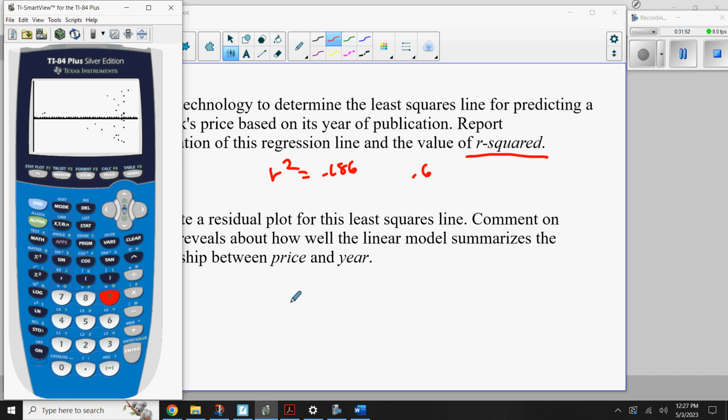But I've got to say, this is quite disturbing to me a little bit, because this looks to me like a very random residual plot, which is telling me that that relation is linear. So I guess it's linear, but it just doesn't have as strong of a correlation as the other one.